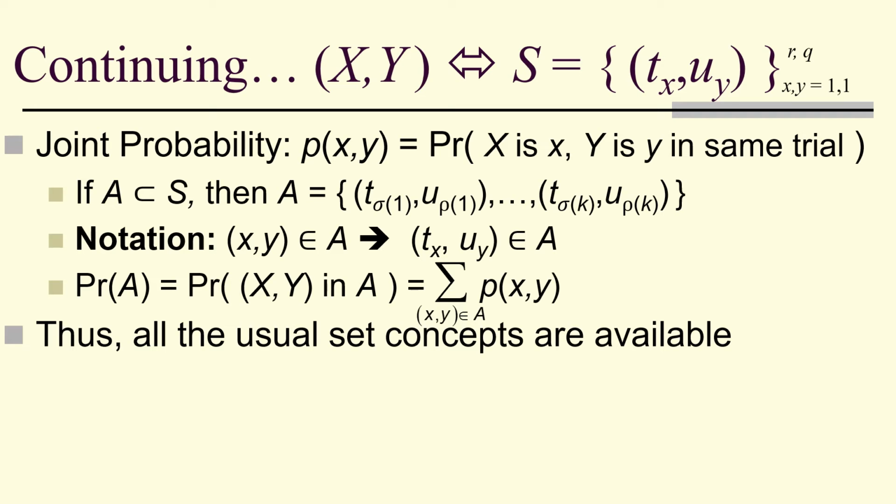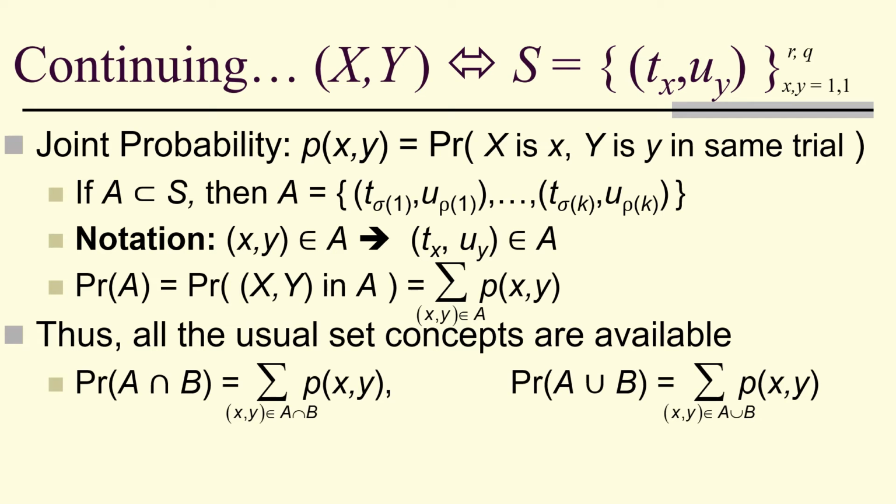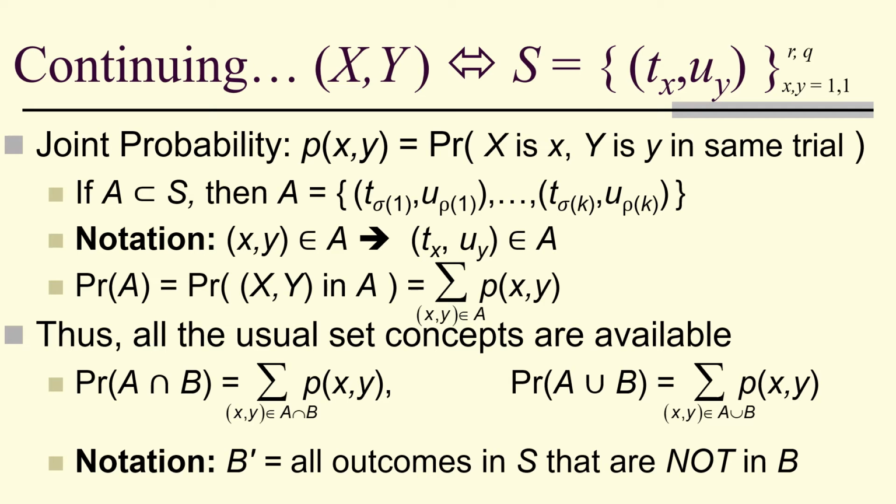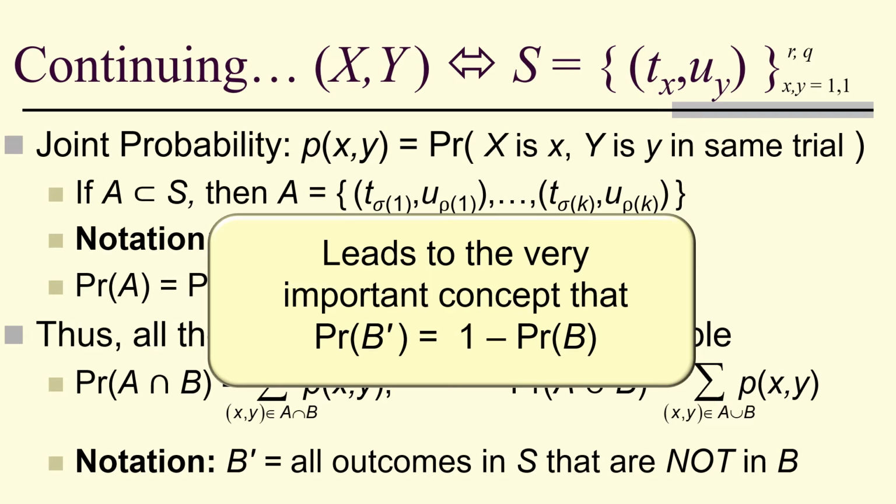And now we can use all the usual set concepts. The probability of the intersection is the sum over the indices in the intersection, P of x, y. The probability of the union similarly. A new notation, B prime, we're going to call all the outcomes in S that are not in B. And this leads to the very important concept that the probability of B prime is 1 minus the probability of B.